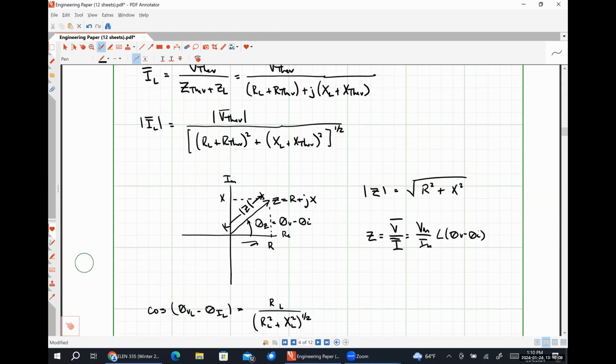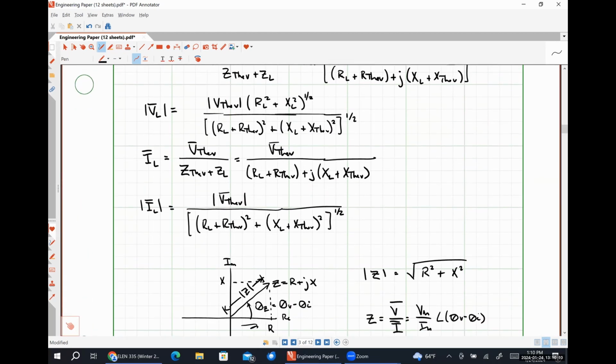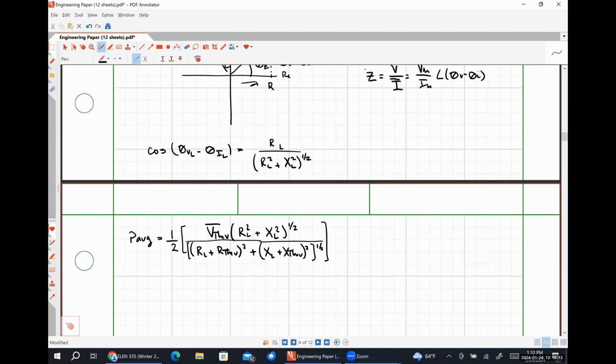Make sure I translated that over correctly. Seems like I did. Now we put in the magnitude of IL. Over here, we're going to have the magnitude of V thev divided by that exact same denominator.